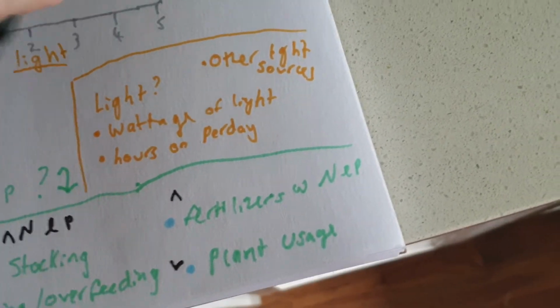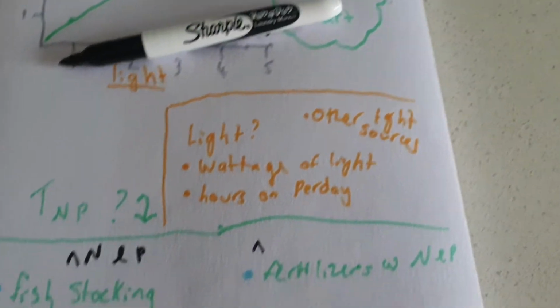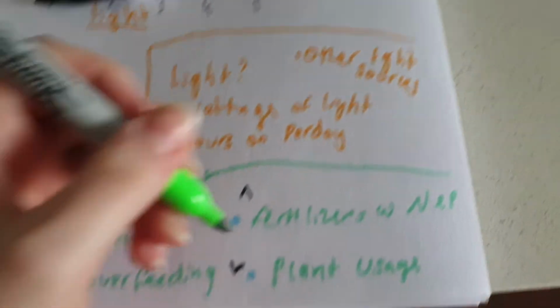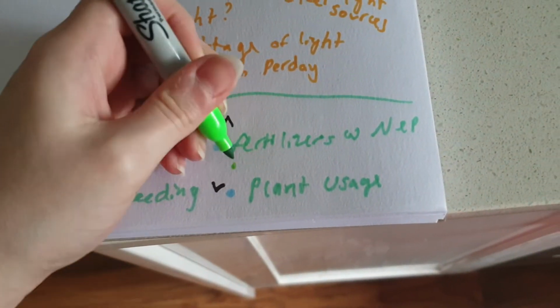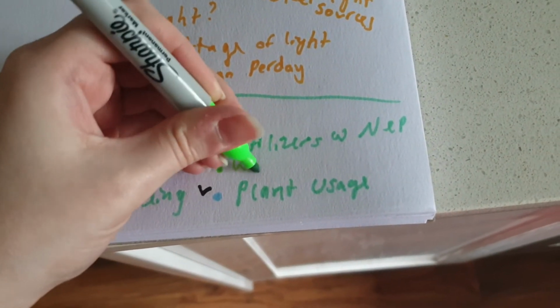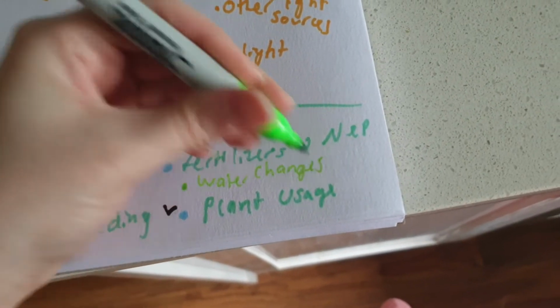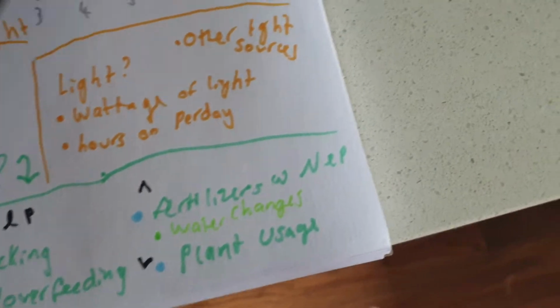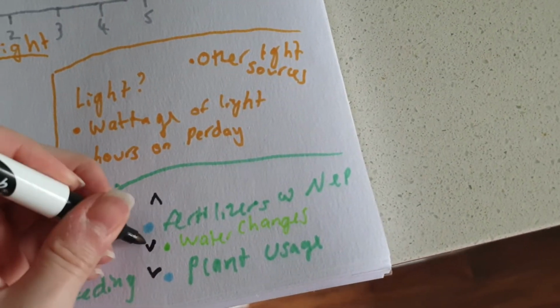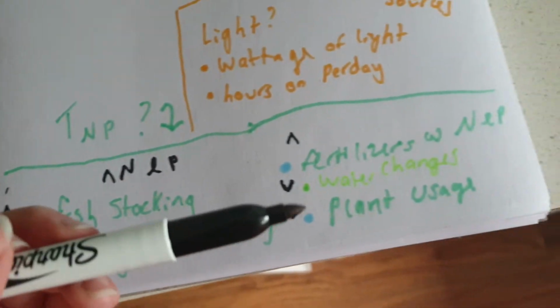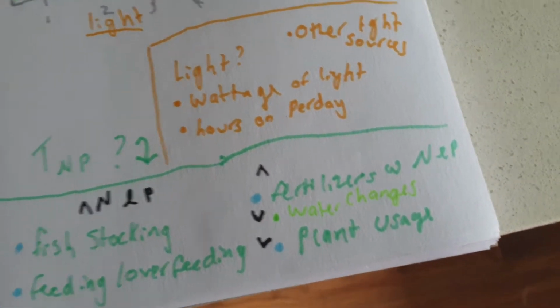And another one which I didn't write on here, which I probably should have, is water changes. Water changes also lower it, but you don't really want to be doing like 100 water changes. So those are the increasing factors and those two are the decreasing factors.